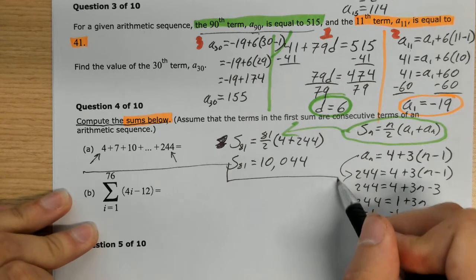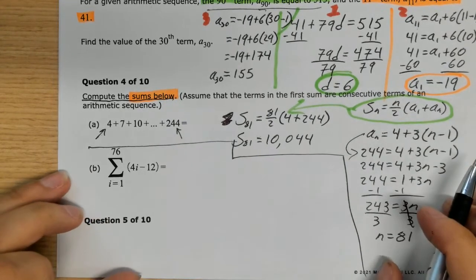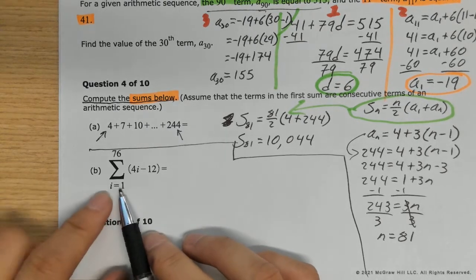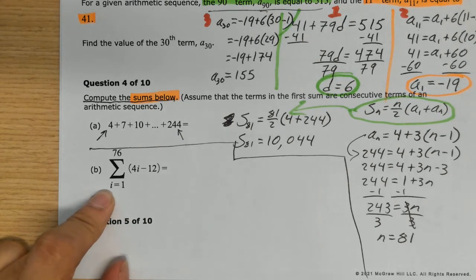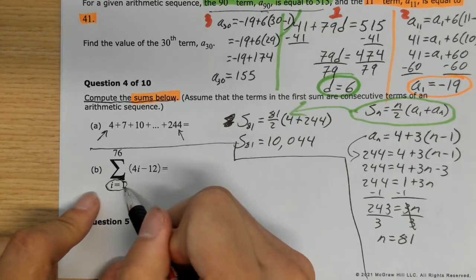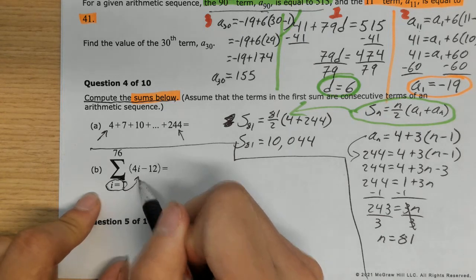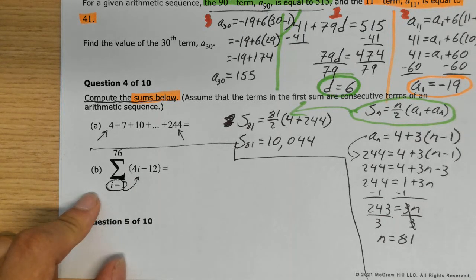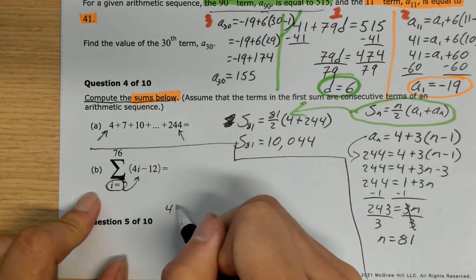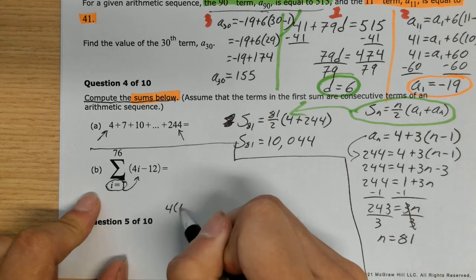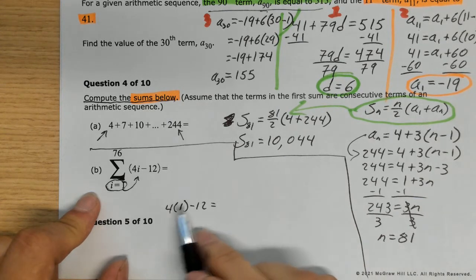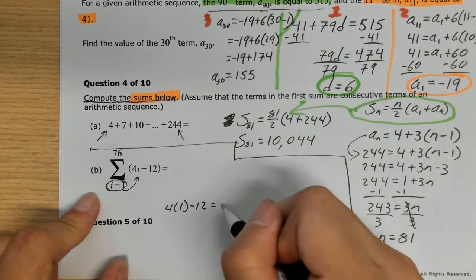Now part B is actually easier, even if you see that symbol. Let me show you guys. The I that you see here will tell you what the first value is. It tells you that I is equal to 1, so you plug this 1 into I. You'll get 4 times 1 minus 12. 4 times 1 is 4, minus 12 is minus 8.